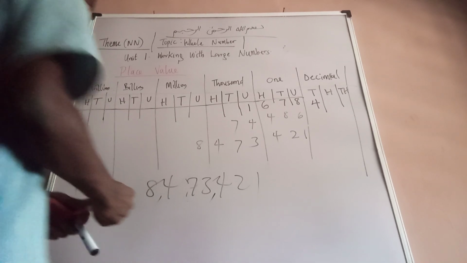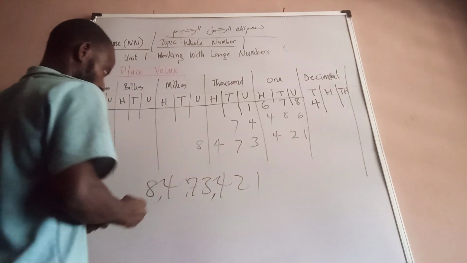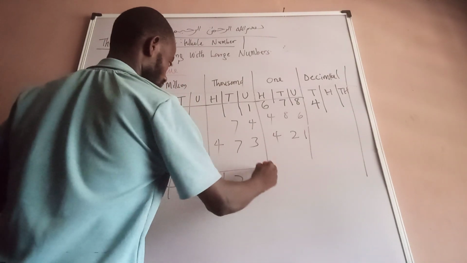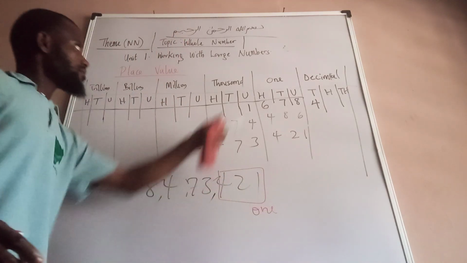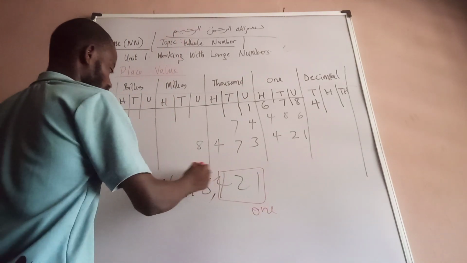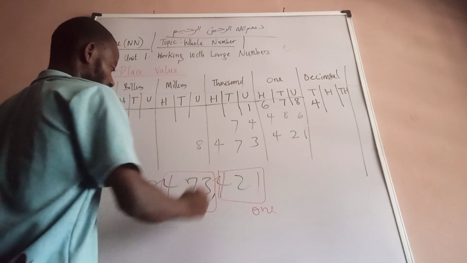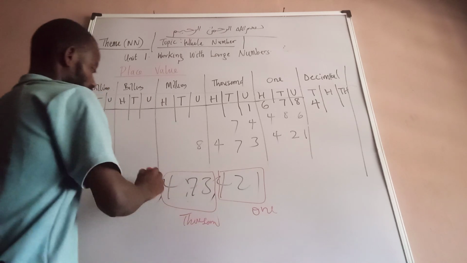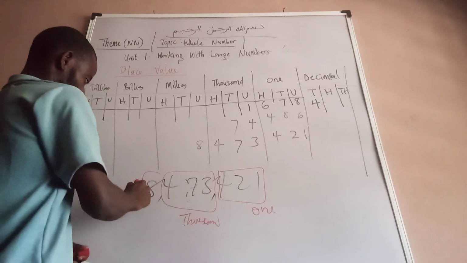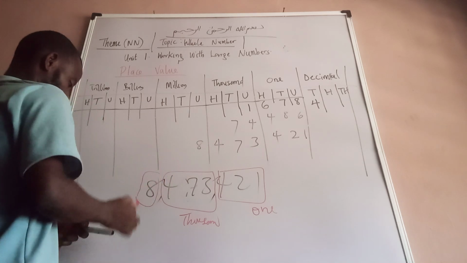These 3 are under units, under family 1, and this one is under the family of thousands, and this is million.